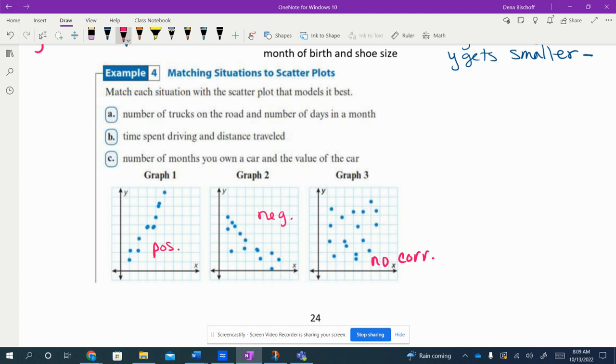Macy. The first one, A, like the first graph, you mean, is B? Yes, the first graph is B. The time that you spend driving and the distance, there's a correlation. The longer you drive, the farther you go. That makes sense. What do you got for us, Sailor?